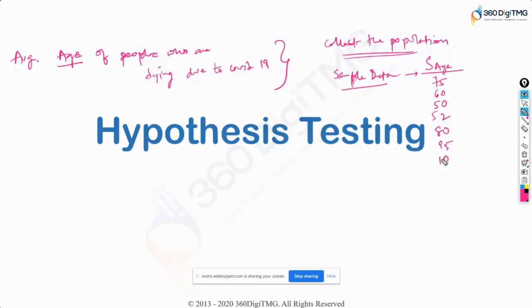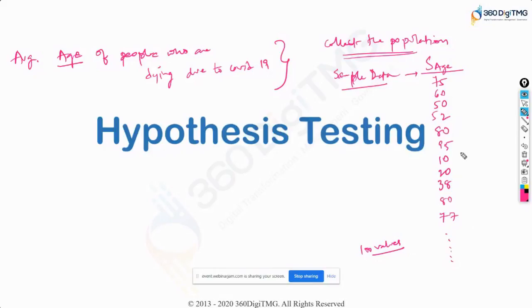Kids are also dying due to COVID-19, so I will have 10, 20, probably 38, 80 again, 77, and so on. I'm collecting, let's say, 100 values. I'm collecting the data for 100 people. These are all the people who died at their respective ages.